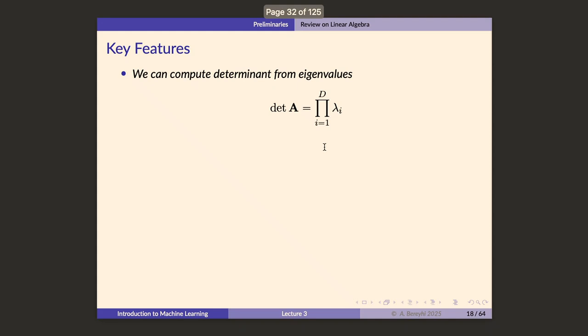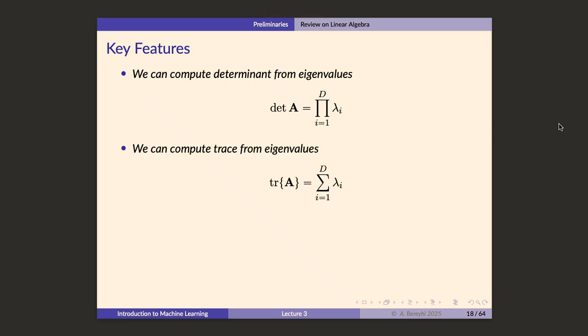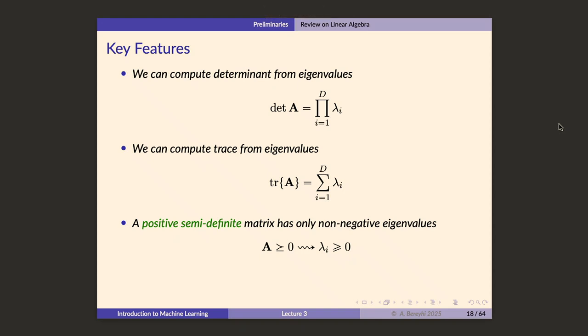Okay, so just a few features of these eigenvalues and eigenvectors. You can always determine the determinant from the eigenvalues: just multiply all of those eigenvalues together. And you can compute the trace: the sum of the eigenvalues is the trace. One other key point is that if you have a positive semi-definite matrix, all the eigenvalues are positive or zero, meaning non-negative.